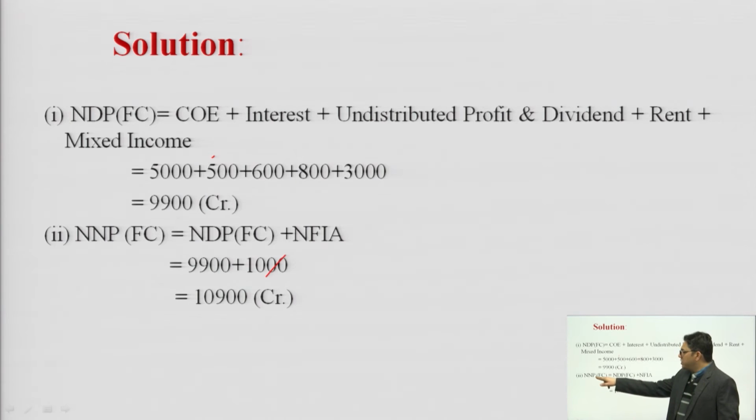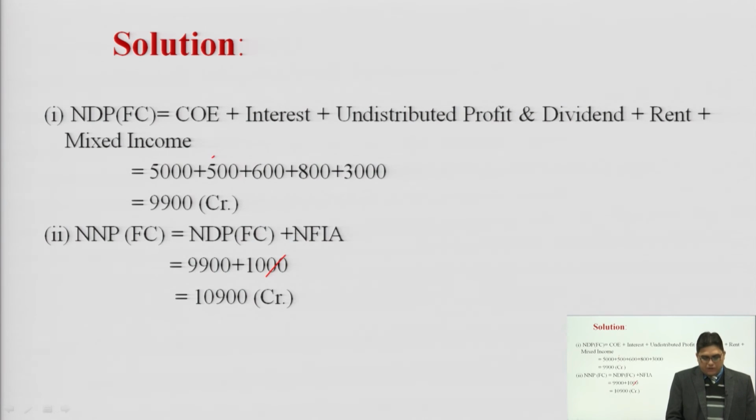If we have to go from national to domestic, we subtract net factor income from abroad. If we shift from factor cost to market prices, indirect taxes will be added and subsidy will be subtracted.